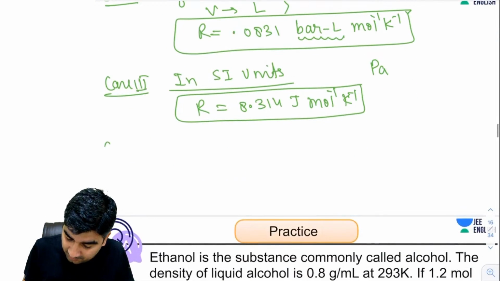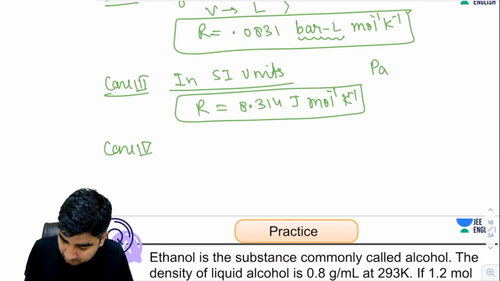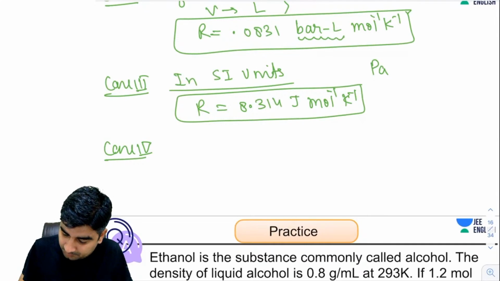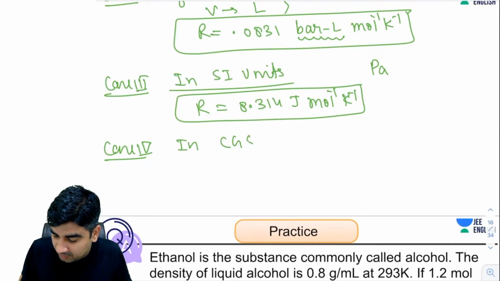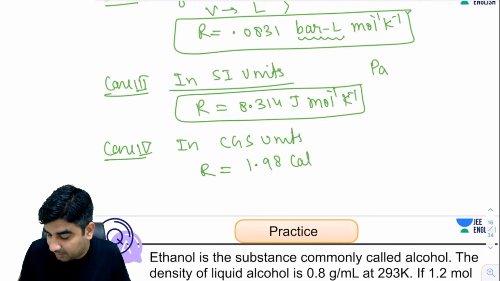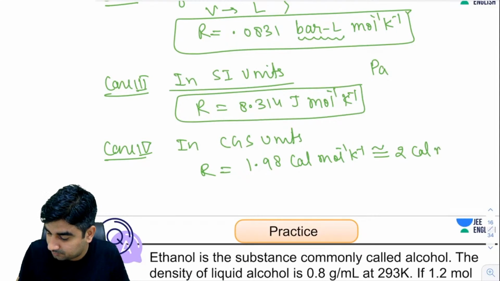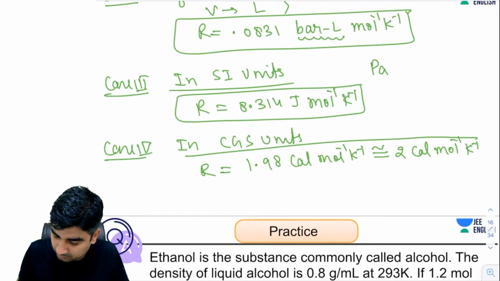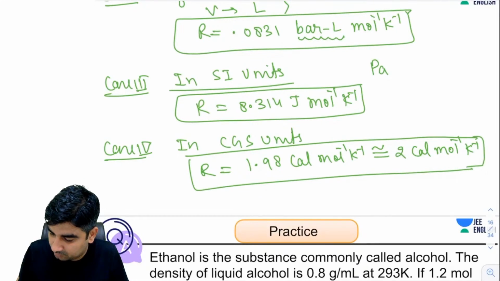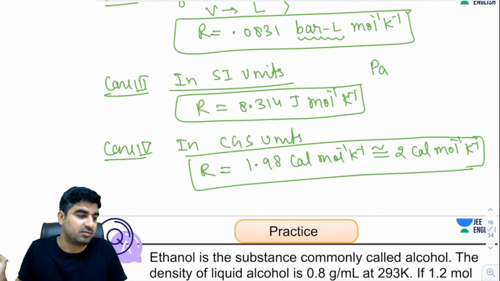Now CGS, case 4. In CGS, R will be 1.98 calorie mole inverse Kelvin inverse, and we generally take it as 2 calorie mole inverse Kelvin inverse.